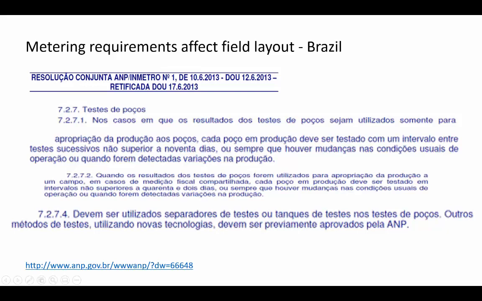However, when the results of the well testing are going to be used for fiscal metering, that means reporting to the government how much you are producing.